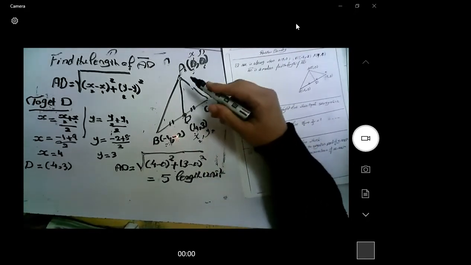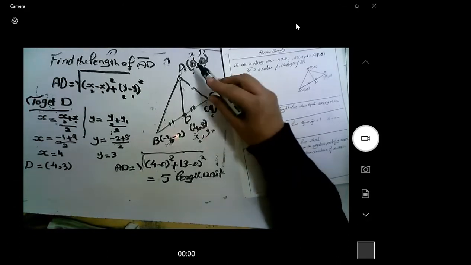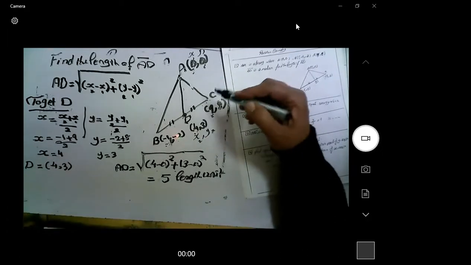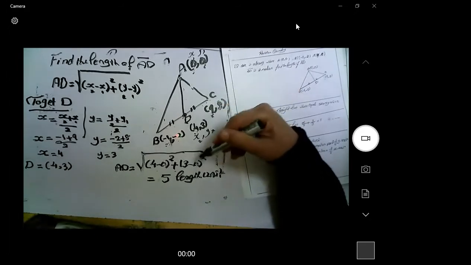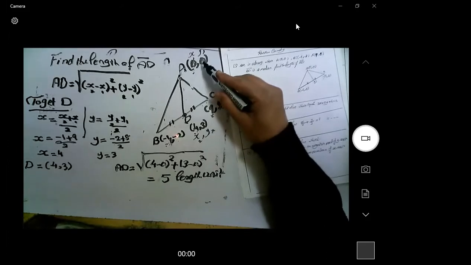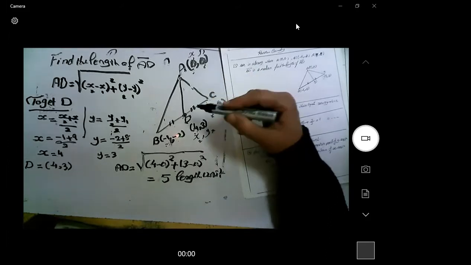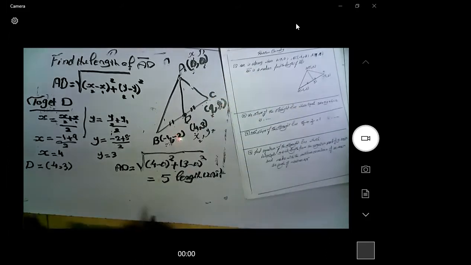Then AD equals the square root of (4 minus 0) all to the power 2 plus (3 minus 0) all to the power 2. Then the final result is the length of AD, which is 5 length units.